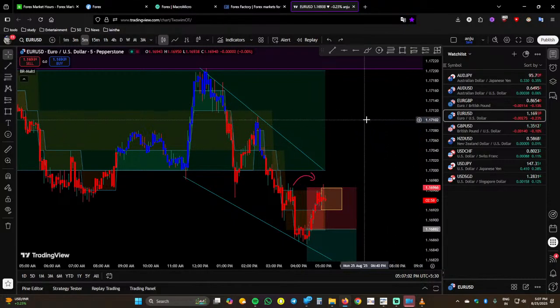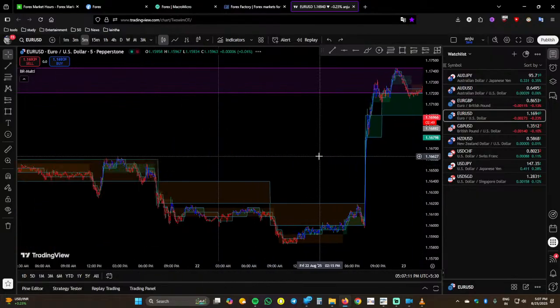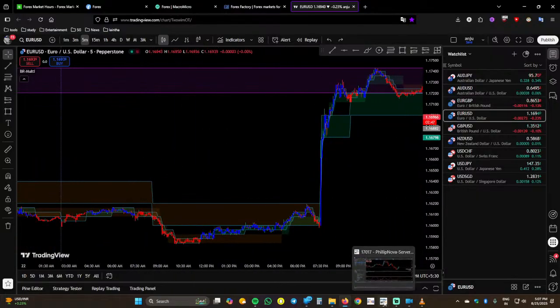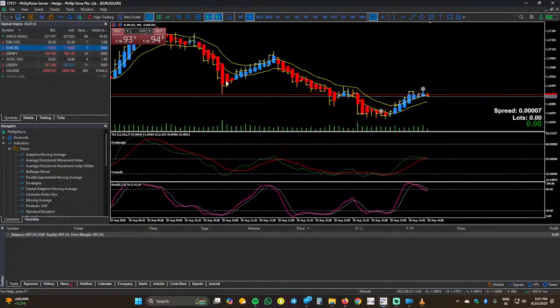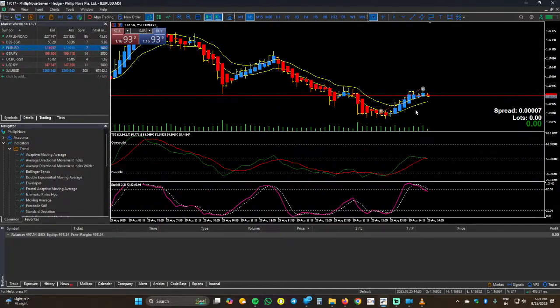Okay, so let me plan for my next trades. What I can do is design or choose a system. One thing I can do is trade the TMS, a system found on Forex Factory called Trading Made Simple.